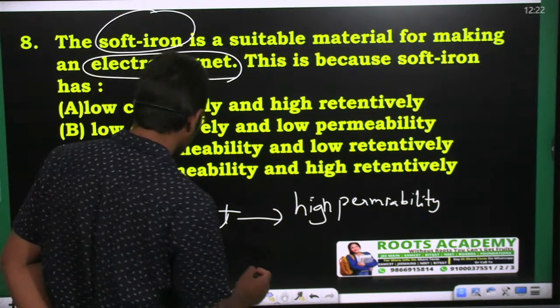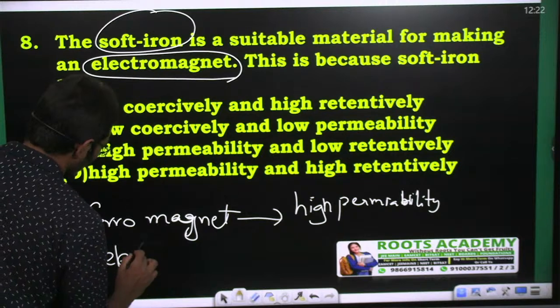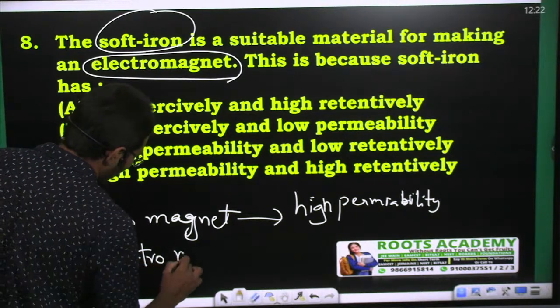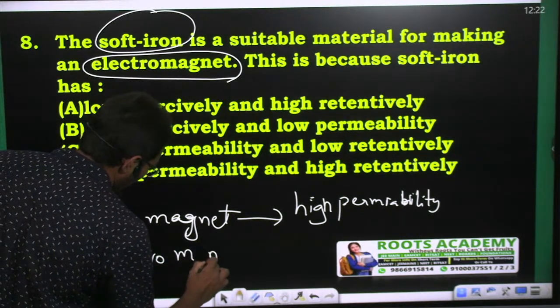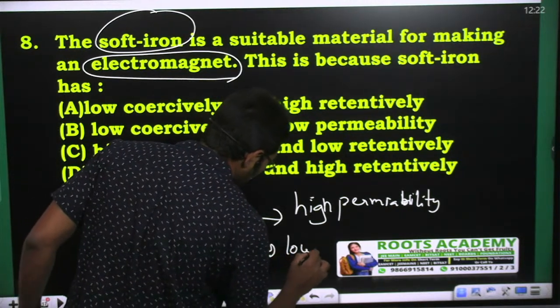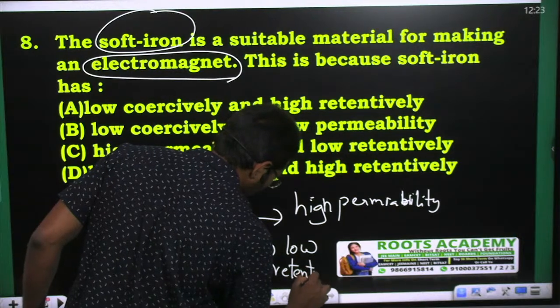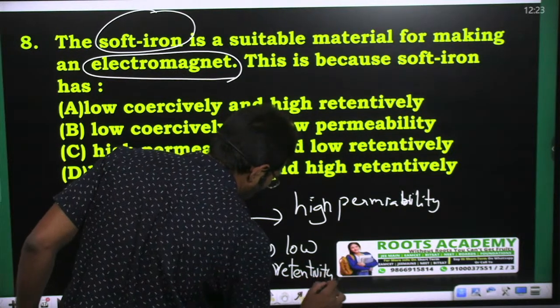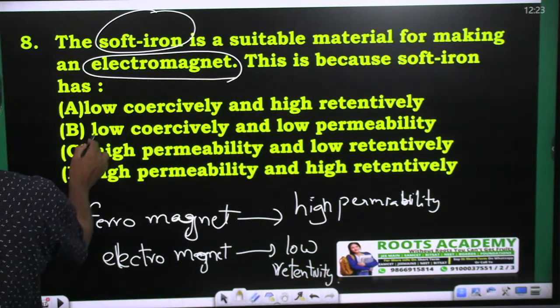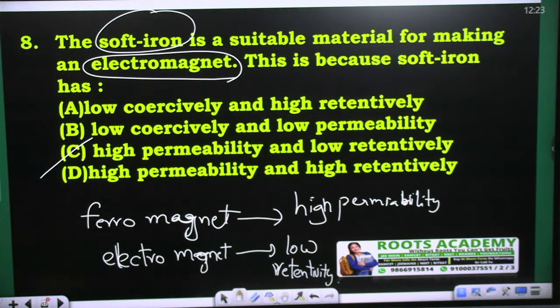So low retentivity. It's a theory question. You can go for option C.